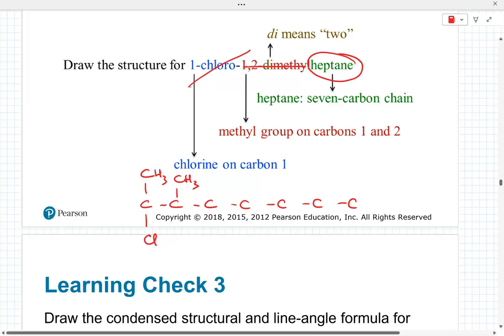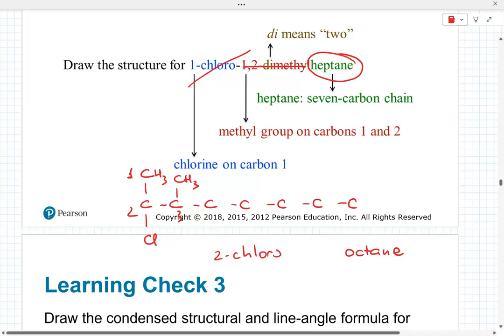Now, if it's 8 carbons, let's write a proper name. If it's 8 carbons, what's the name? Octane. And now we should number from the left to have the smallest number. 1, 2, 3. So what would be the name?